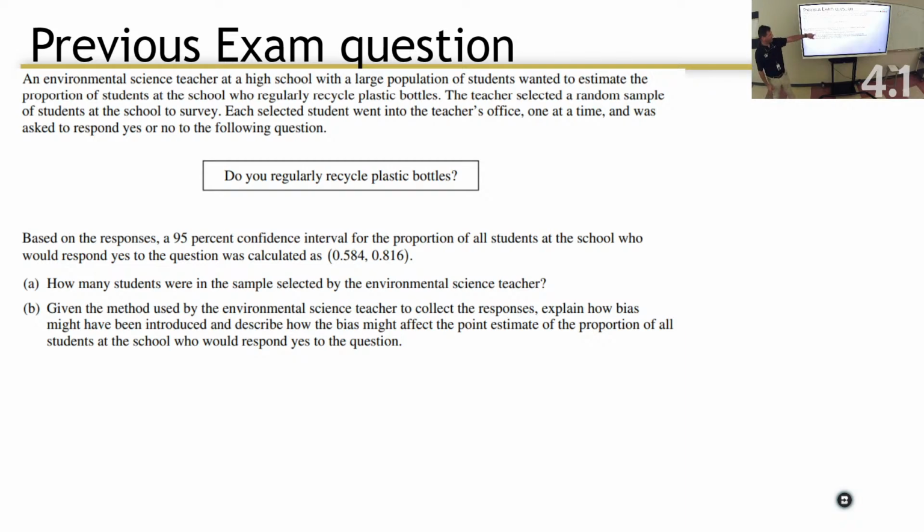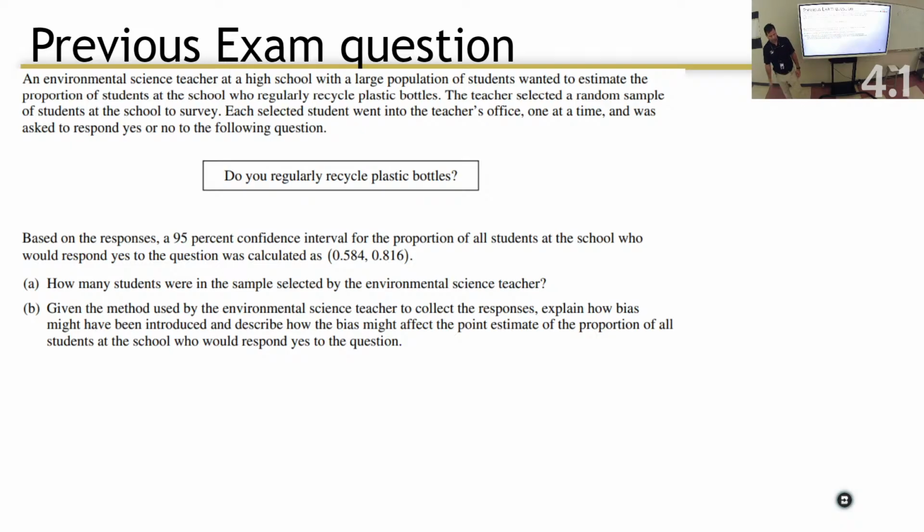Based on the responses, a 95% confidence interval, we'll do all that second semester, whatever. We got an interval, a proportion of students, and they said it was somewhere between 58% and 82%. That's a pretty darn big interval. Recycle plastic bottles. How many students in the sample were surveyed? You have no idea how to do that.